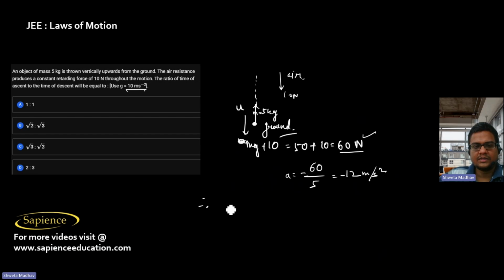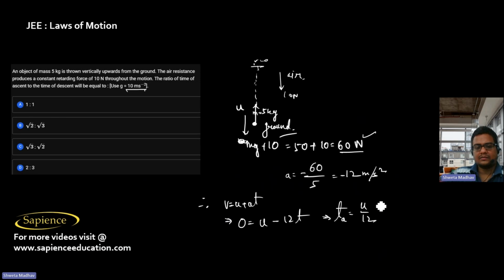So therefore we can say that v is 0 when it reaches the uppermost point. So v equals u plus at. Therefore here v, that is 0, equals u minus 12 into t. So it means the time of ascent will be equal to u by 12 seconds.